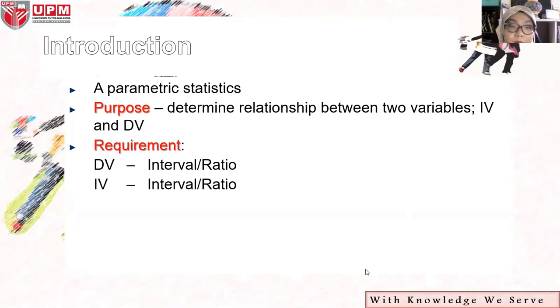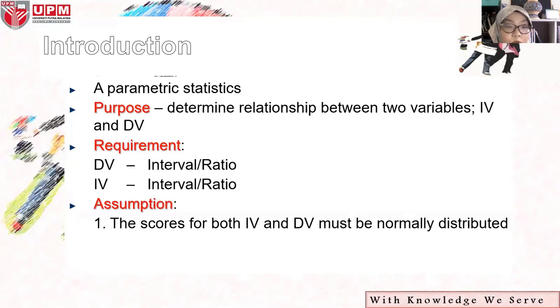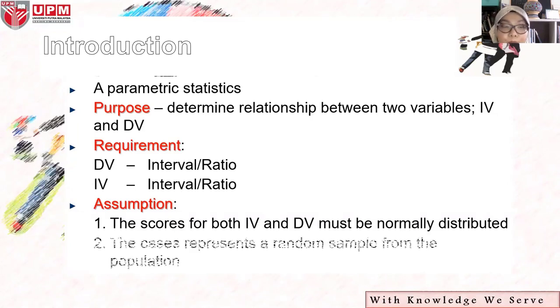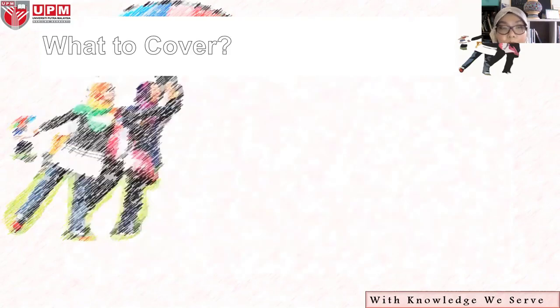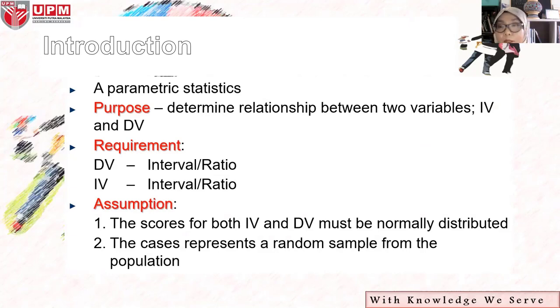The assumptions you must fulfill are, first, the scores for both IV and DV must be normally distributed, and second, the cases represent a random sample from the population. So there are only two assumptions.